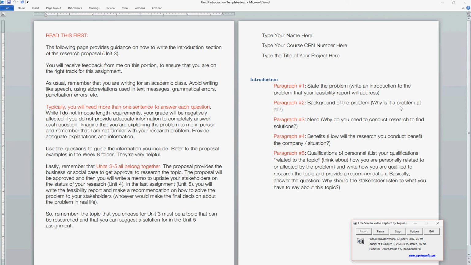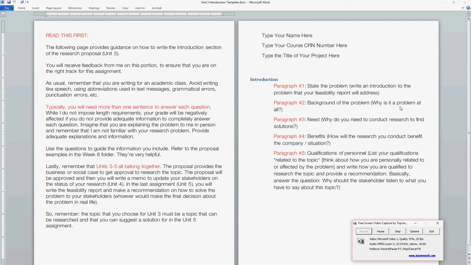Next, paragraph 4, the benefits. How will the research you conduct benefit the company or situation? Even if your problem is not related to a business issue, when we're conducting research in technical writing and this style of writing, you always want to outline what the benefits are of doing this, because you're going to be spending time and money, if this was a real world situation, to find this information out.